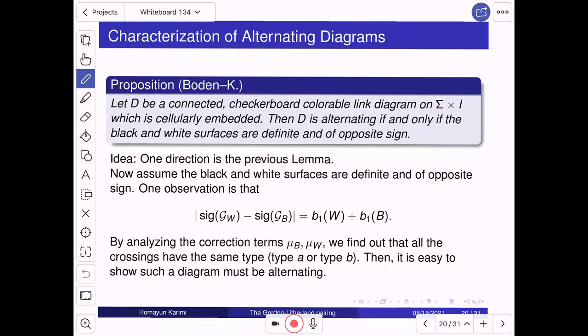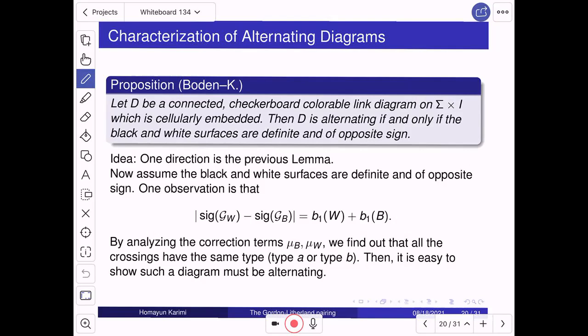So this is the first step. This proposition characterizes the alternating diagrams. The next step would be to characterize the alternating links, but the first step that we need is to characterize the alternating diagrams, and this proposition does that.